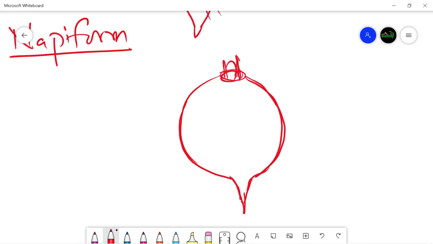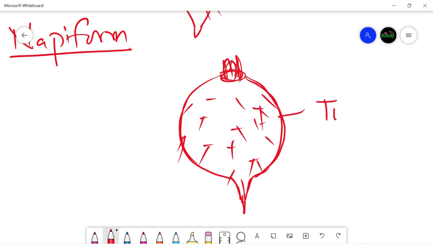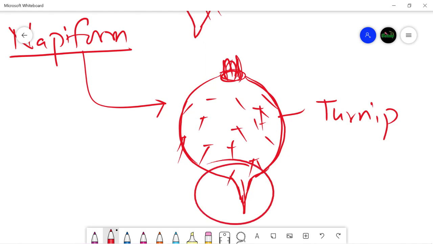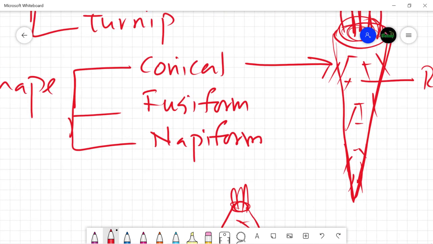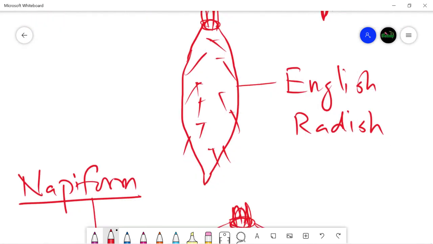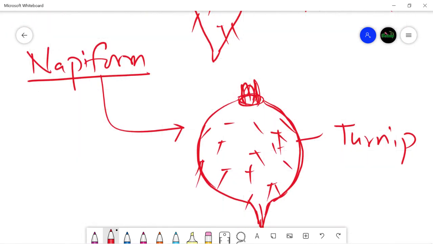This is turnip, the example of the plant, and the root is napiform, thick at one end and then it abruptly tapers at the lower end. So these are the three common tuberous taproots: conical, fusiform and napiform.